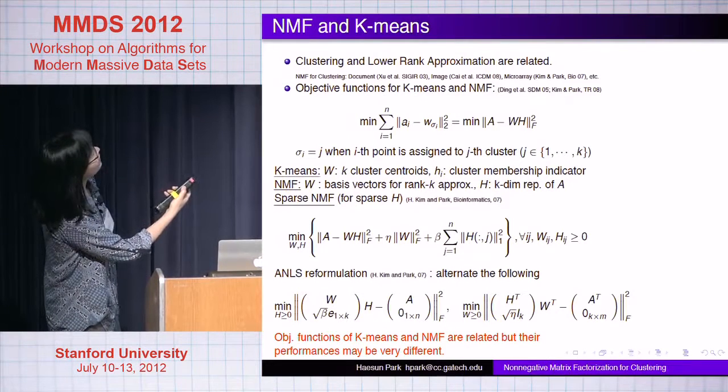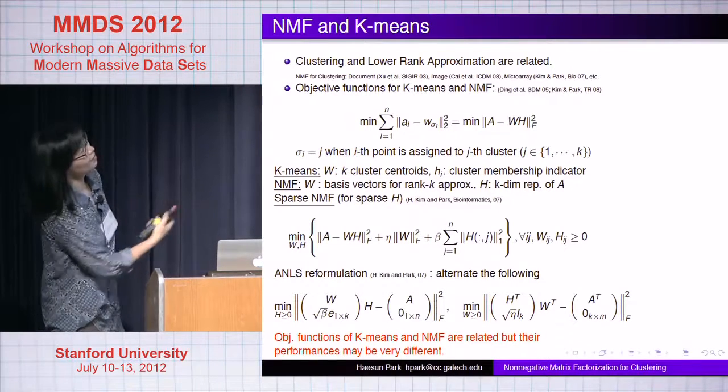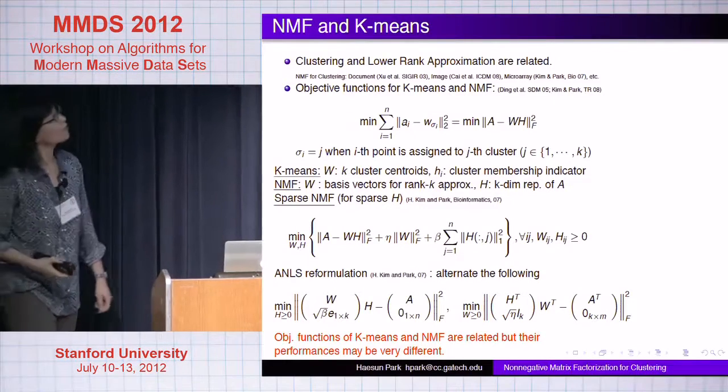If you write K-means this way, then the columns of W are the k cluster centroids, and the columns of H, h_i, are cluster membership indicators.